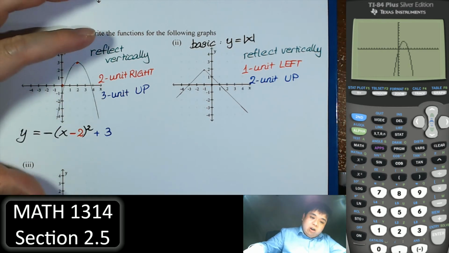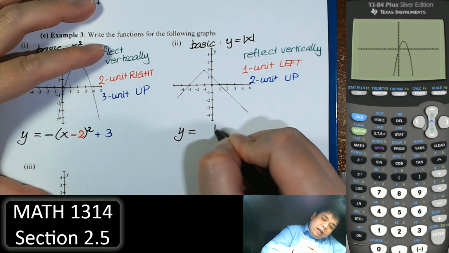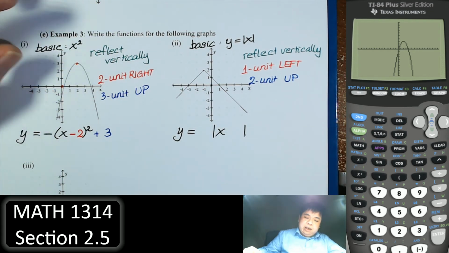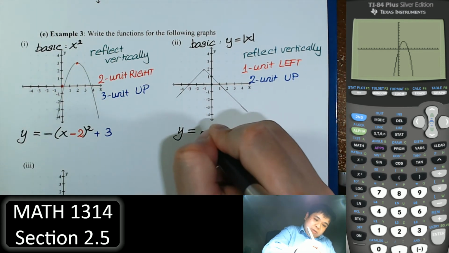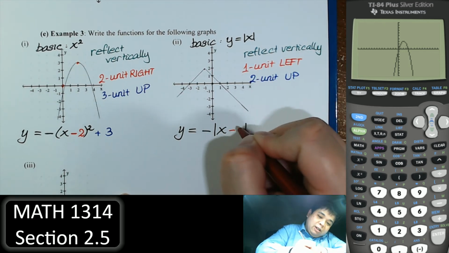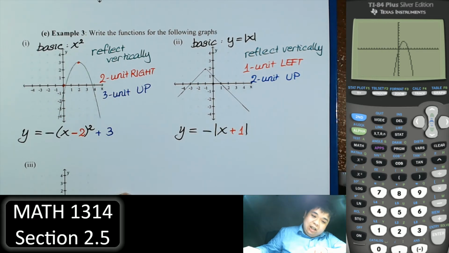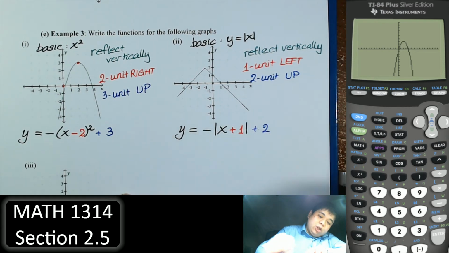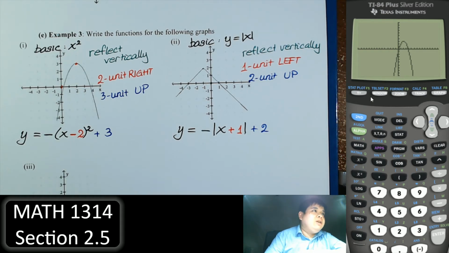So we construct a function y equals absolute value of x. Reflect vertically, so it's going to be with the minus. 1 unit to the left with plus 1 and 2 units up plus 2. Right, let's graph that. Negative absolute value of x plus 1 plus 2. Right, so that's about right.